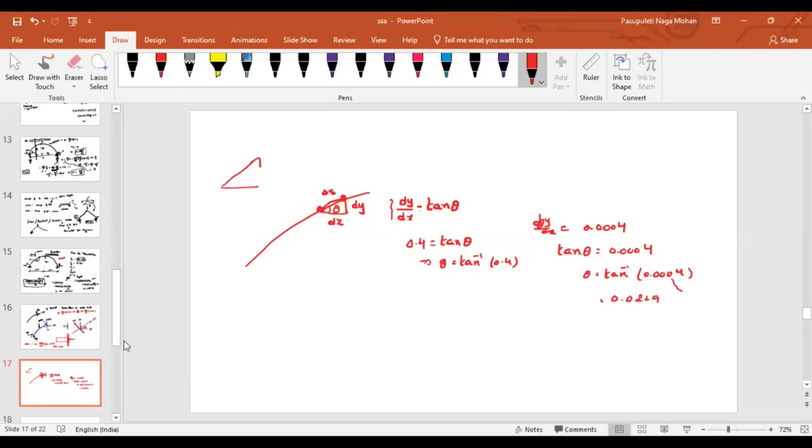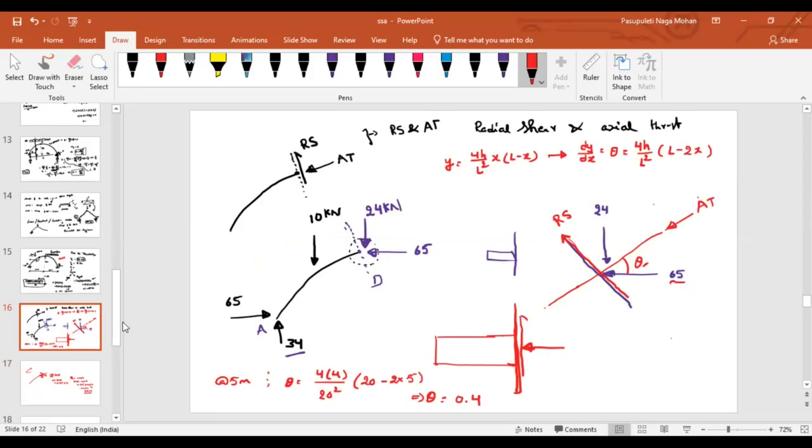So as this angle theta goes smaller and smaller, at some point theta will be nearly equal to tan theta. Or we might have seen theta is nearly equal to sin theta. But in our case, 0.4 is a considerable value. So instead of treating it as theta, we have to take it as tan theta.